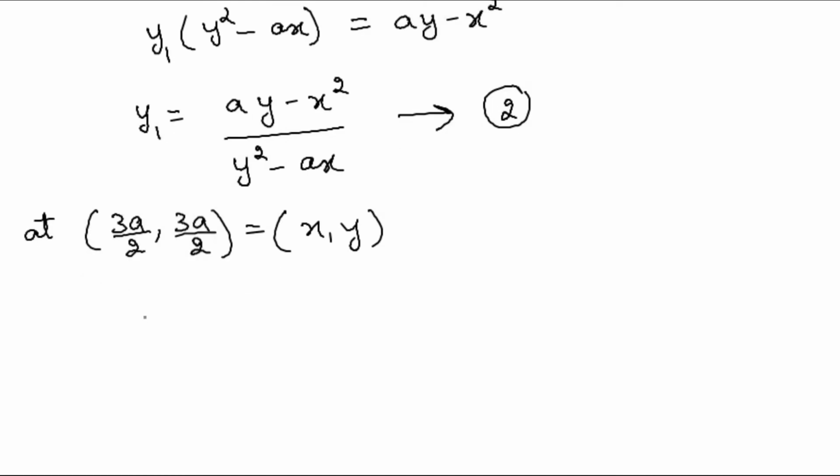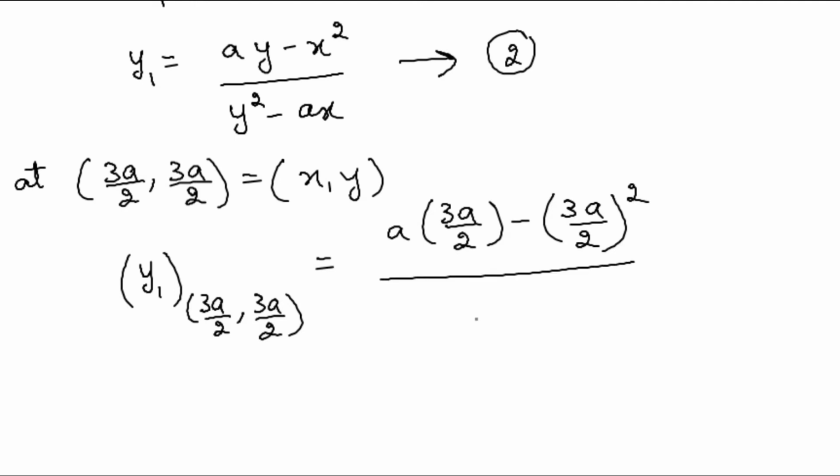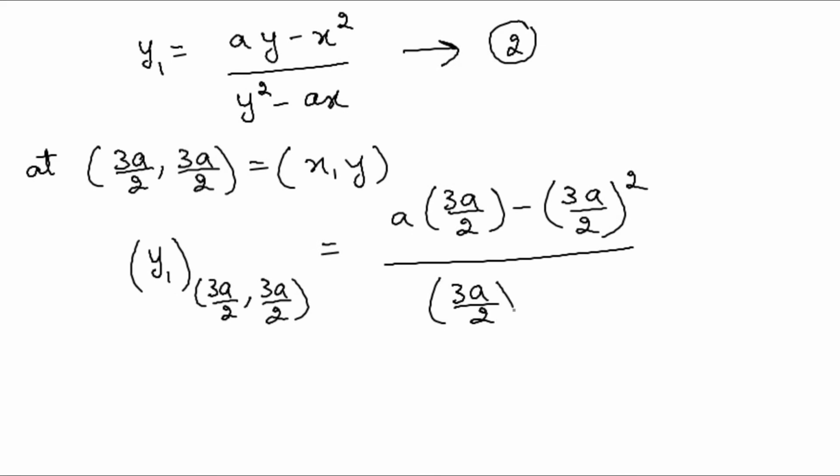So I'm trying to find out the value of y1 at the point 3a by 2 comma 3a by 2 should be equals to a times of the value of y, 3a by 2, minus x value, also 3a by 2, and it is squared, x square, whole divided by y square in the denominator will be 3a by 2, 3a by 2 whole square, y square minus a into x, x value is 3a by 2.